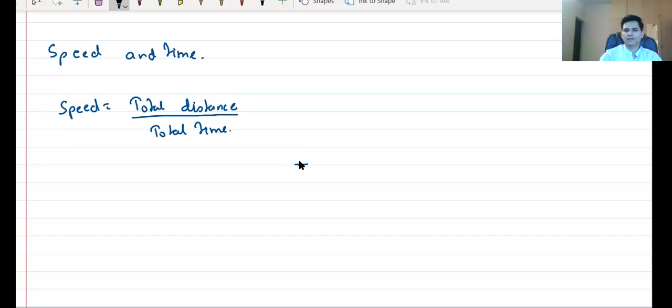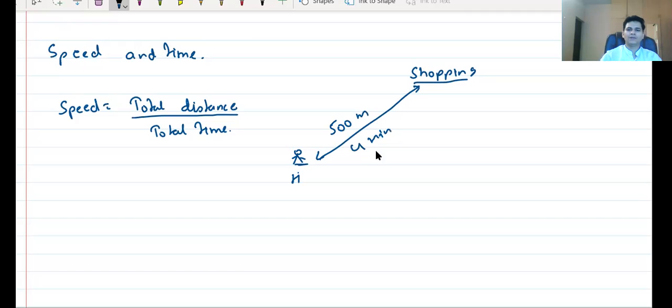Suppose this is a guy, and he's at his home. Now he went to the shopping complex. The distance is suppose 500 meter. The time taken is suppose 4 minutes.